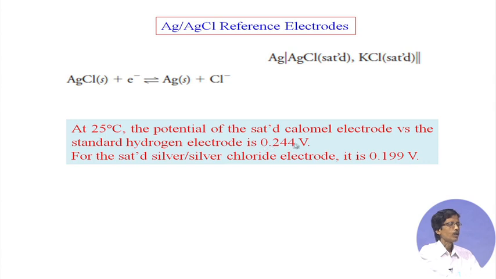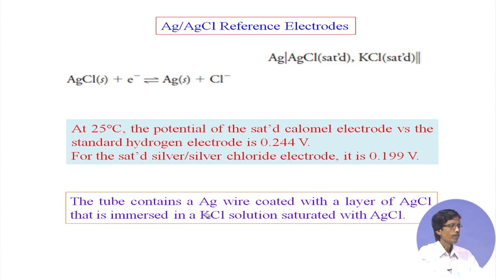So, that potential we get, 0.244 volt for the calomel electrode, and for a saturated silver chloride electrode we get 0.199 volt. So, the calomel and the silver electrodes have different values. We can use this where you have a silver wire coated with a layer of silver chloride, dipped in the KCl solution saturated with silver chloride.